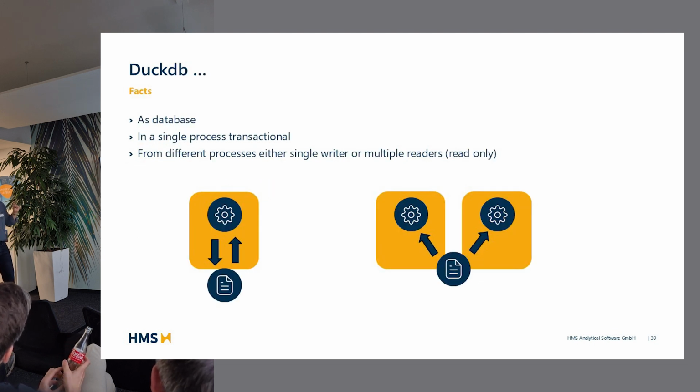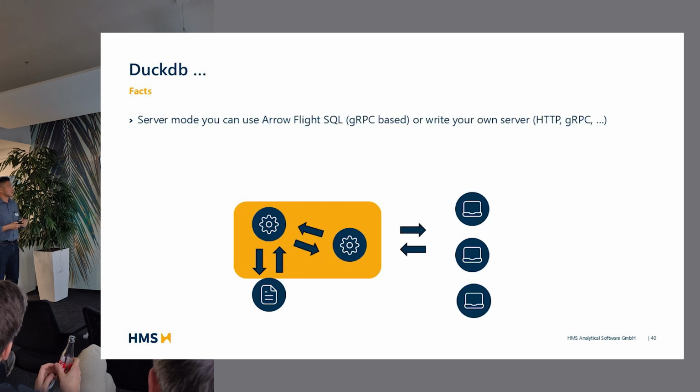One aspect to be aware of: DuckDB is a single-file, in-process database. Sometimes we expose metadata in a DuckDB file. If you want to access DuckDB from different processes, you can do it only in read-only mode. But if you want to access it with different users, here's a simplified architecture: you write your own server, which runs DuckDB in the same process, and then you can access the same file.